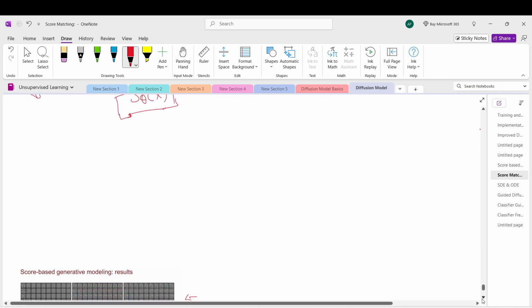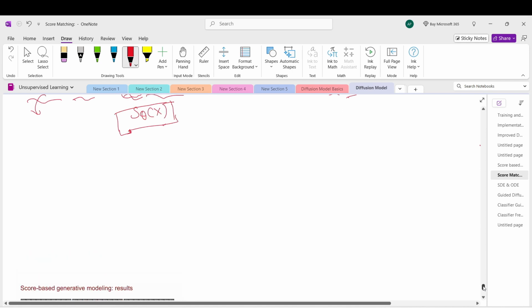Before going further, first of all we work on score estimation. For score estimation, we start with score matching, which I think is from a 2005 paper.